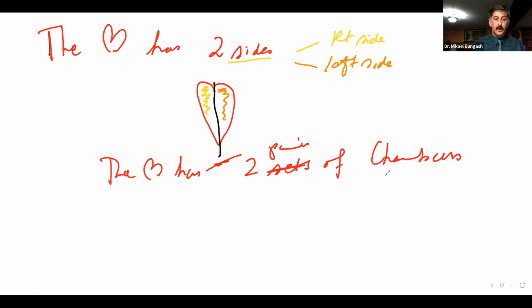So it's going to have two pairs of chambers. That we mainly can say is that one pair of these chambers can be the right-sided chambers.